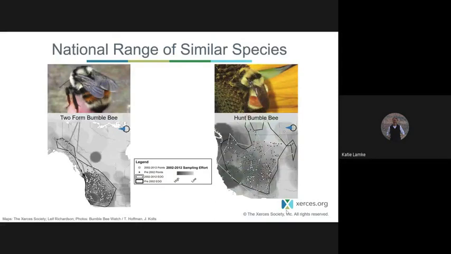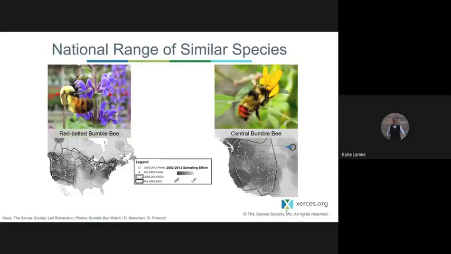So when we look at the national range of Bombus bifarius and Bombus huntii, we can see they're very much western species, but they've been recorded in the panhandle of Nebraska. Then we have the red-belted bumblebee and the central bumblebee.